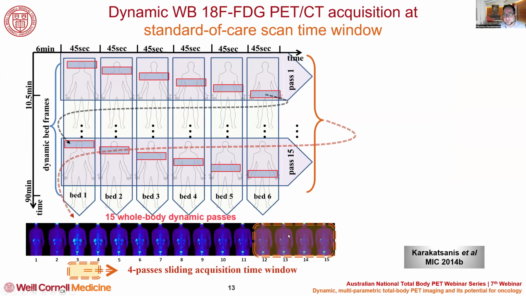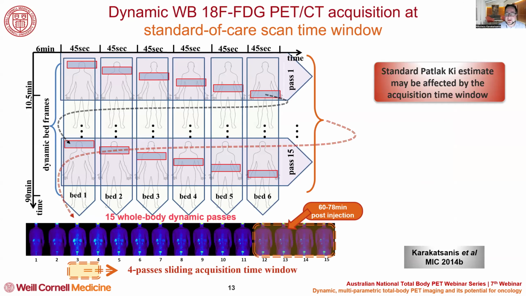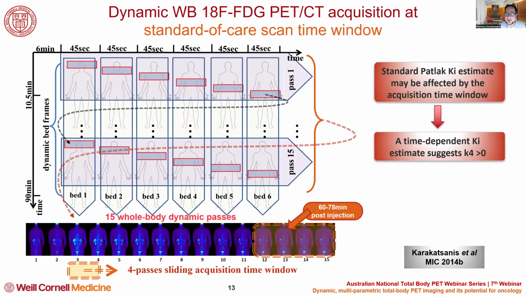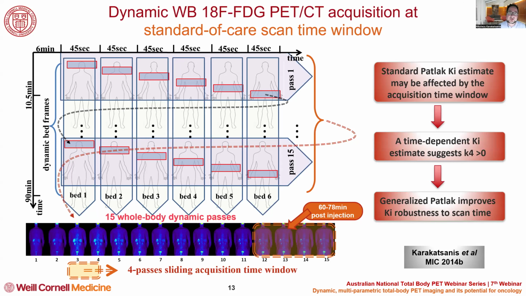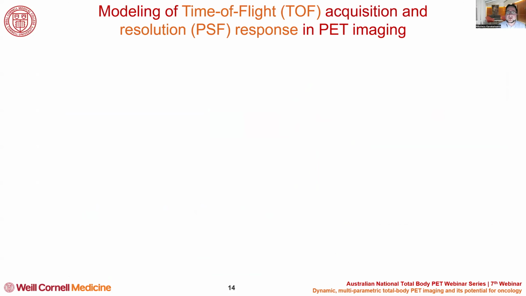It was supposed to be constant. It was not constant at all. And this indicated that we may have a violation of the assumptions of the standard Patlak model, and that highlighted the need of using a non-linear, more generalized flavor of Patlak, as I showed you before. So this is a quick example of why even parametric imaging sometimes may not be quantitatively as accurate as we would hope, and we always have to ensure that the kinetic parameter assumptions are not violated by our model.